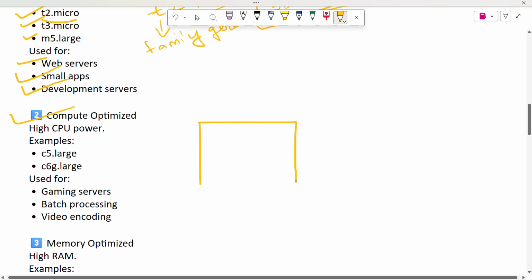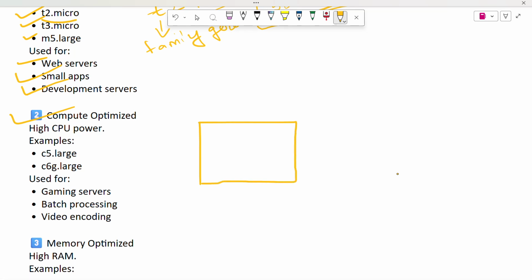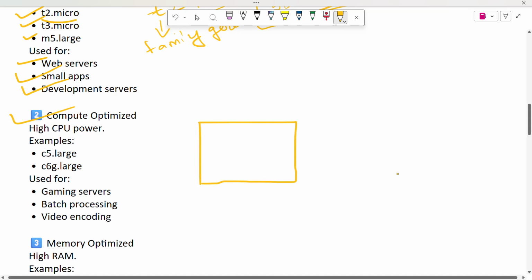You can understand from the name itself that CPU will have, let's say, 80% of the weightage, whereas memory will have, let's say, 20%. So maximum weightage is being given to the CPU part.